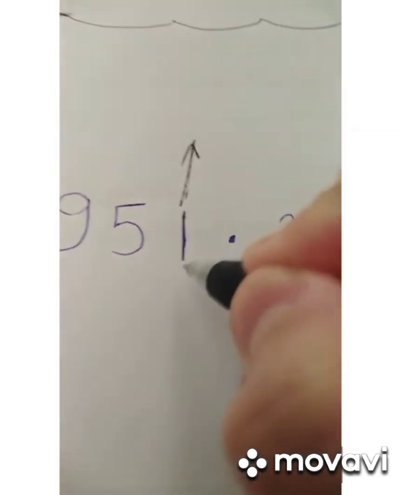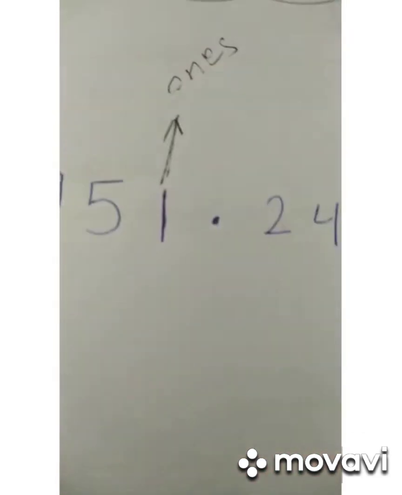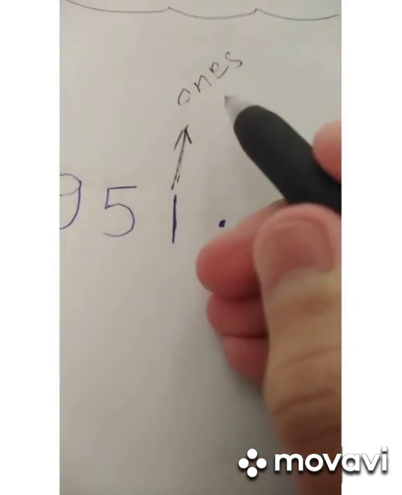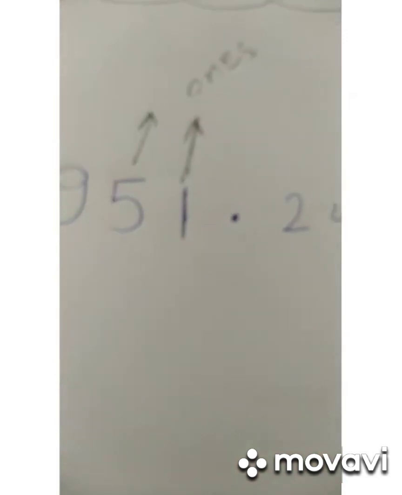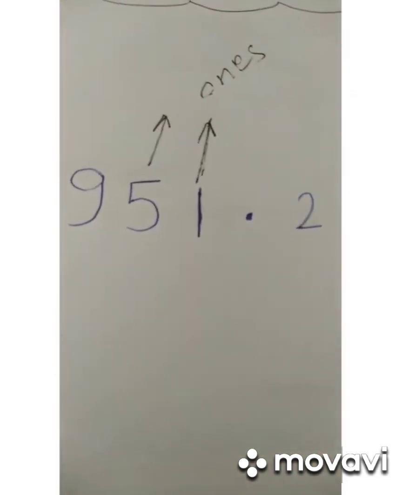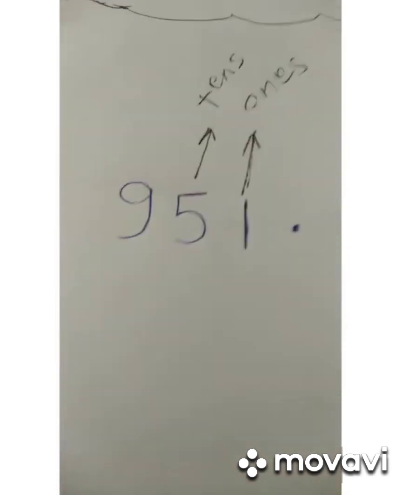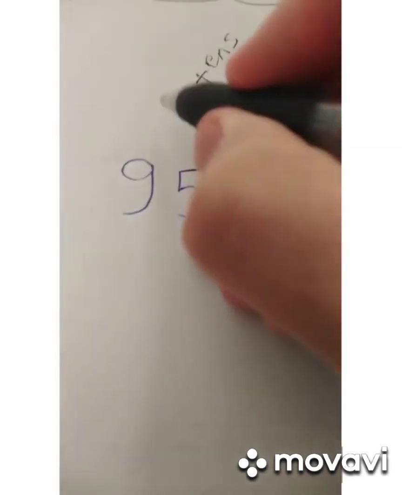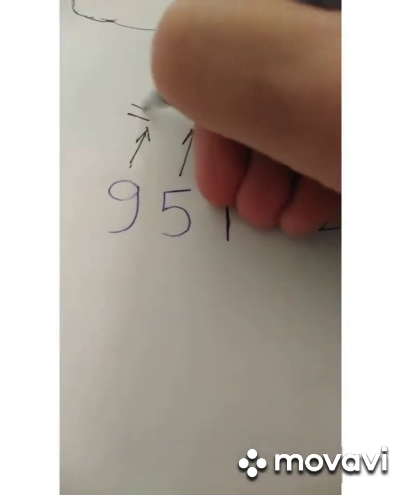Yes, ones. What about the second digit in the whole number? Yes, it's tens. And the third one in the whole number is hundreds.